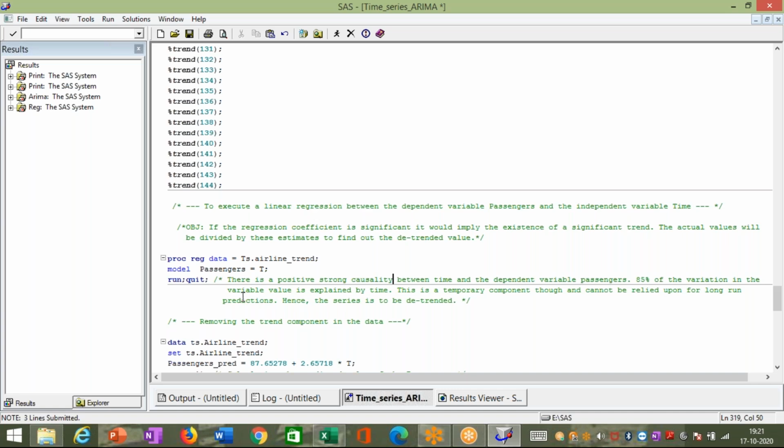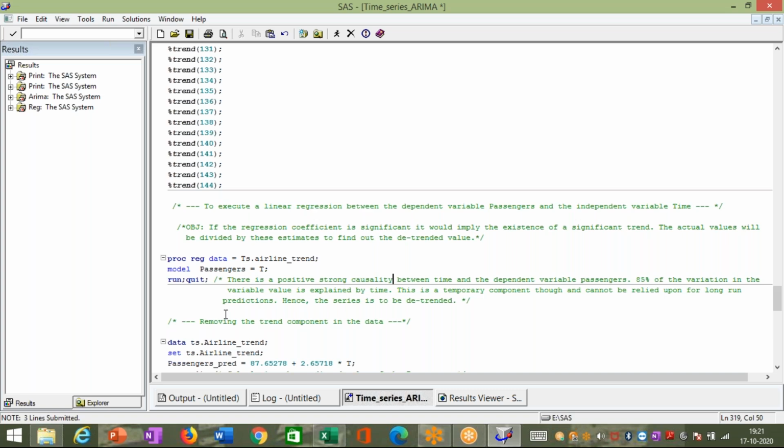Now, this is the temporary component and cannot be relied upon for long run prediction, because if your mean is changing with time, it means you don't have any variable or historical lags explaining your movement. It's just the change of time, and if that relationship gets disturbed somewhere, then your predictions go haywire.